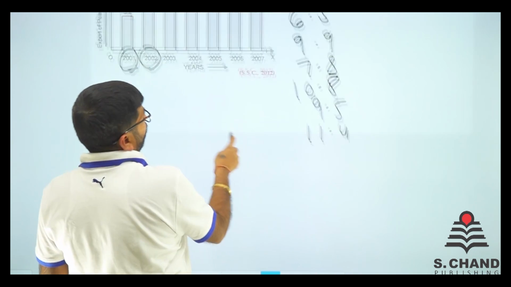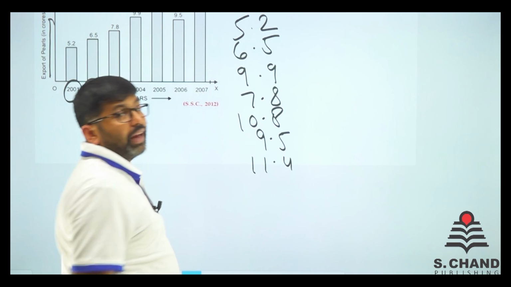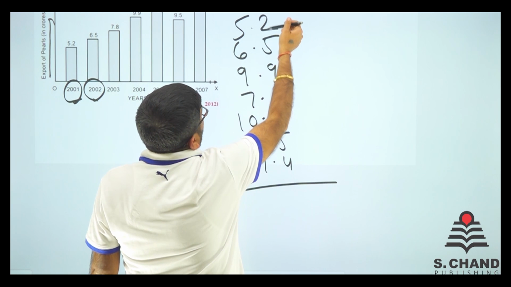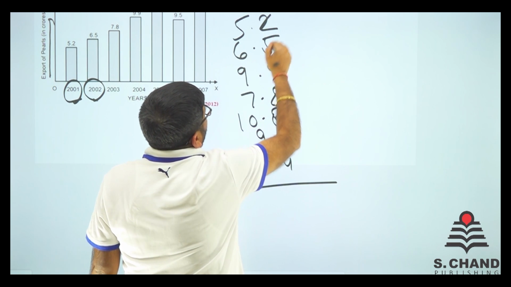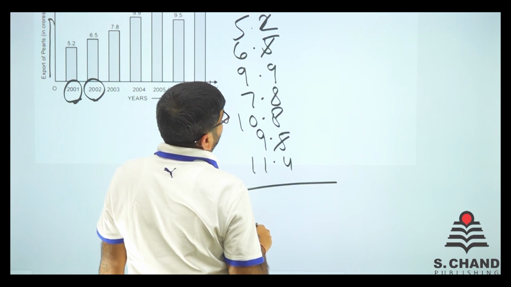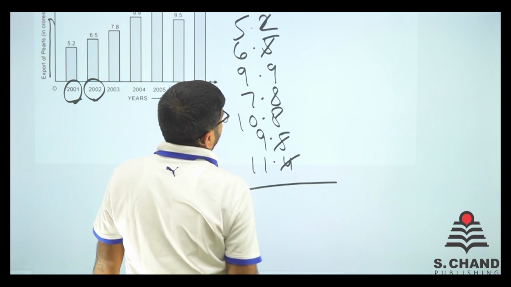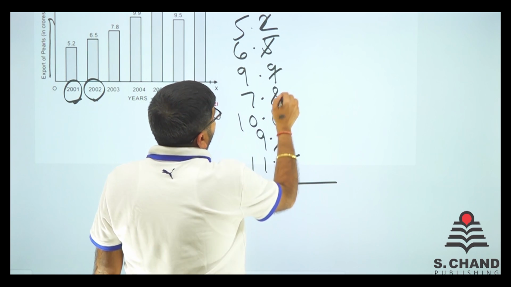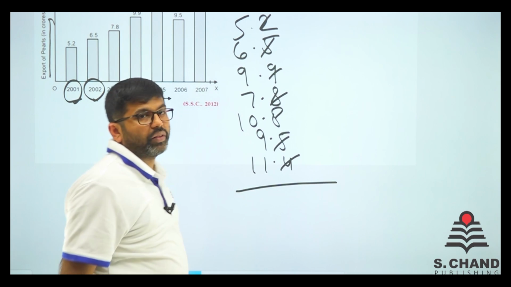Just calculate this all. First of all, we need to calculate the total number, right? So do that. We have got 5 and 2, 5 into 7, 7 and 5, that is 12, 12 and 4 is 16, 16 and 9 is 25, 25 and 8 is 33.